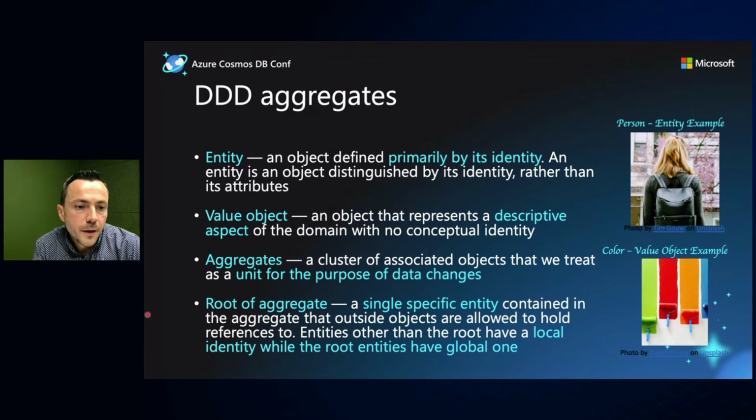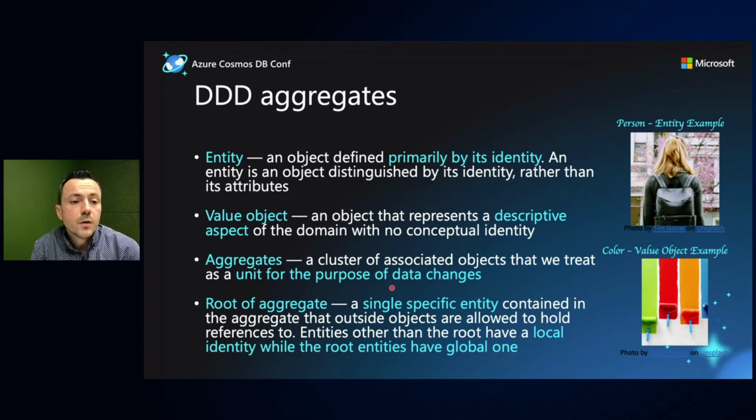Then, when we split the entities in our subject area between entities and value objects, we can start thinking about aggregates. An aggregate is a cluster of entities and value objects bound together as a unit for data changes.